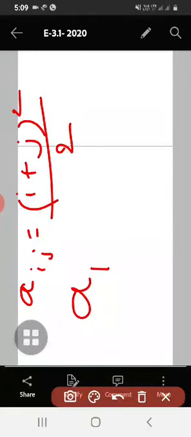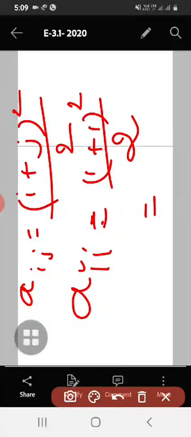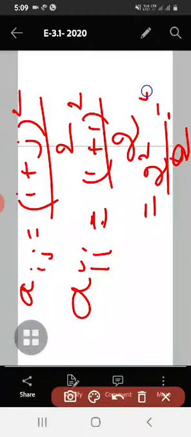See here, A11. Instead of i and j, you put 1 and 1. So I will substitute 1 plus 1 whole square by 2. Then what will be the simplification here? 2 square divided by 2, that is 4 by 2.